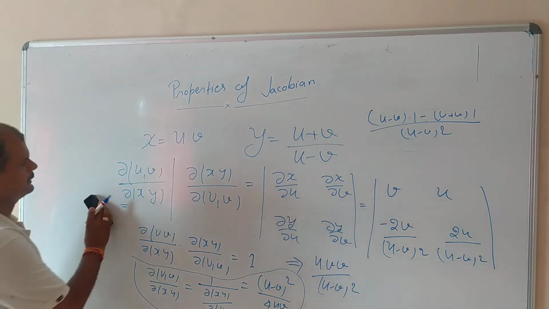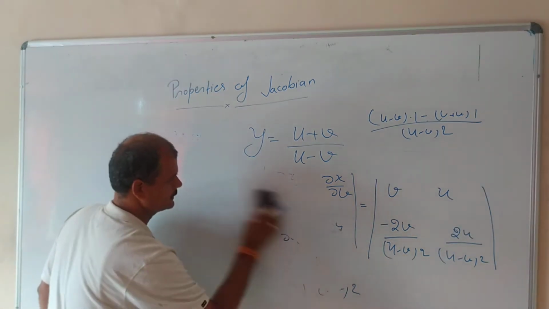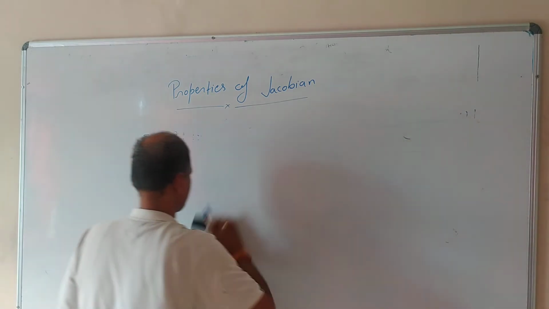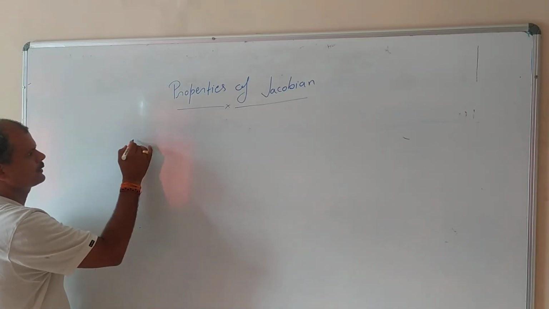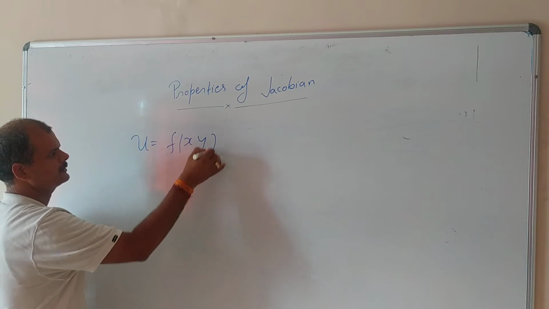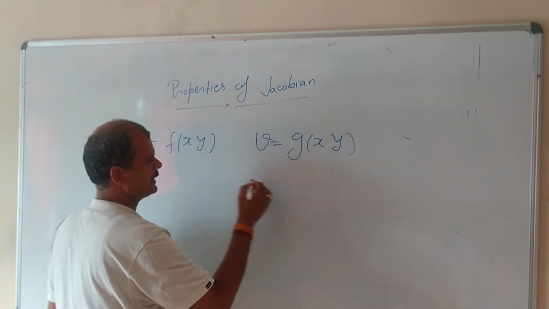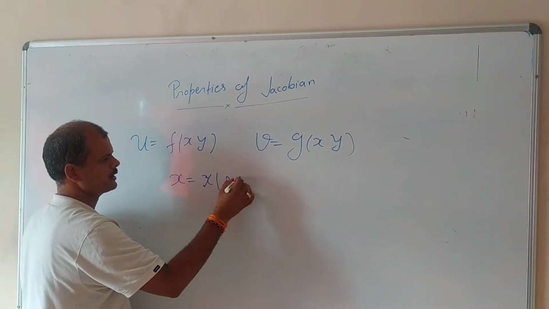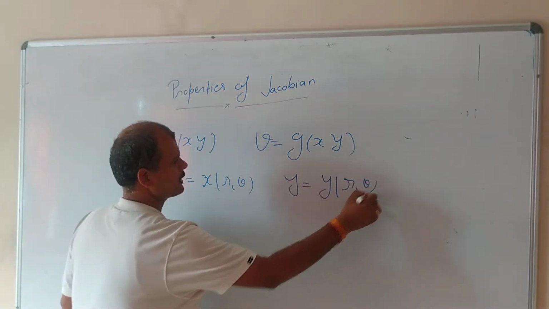Okay. Now we'll see the second property. Second property we have, if u is some function of x comma y and v is some function of x comma y, and x is a function of r comma theta, y is a function of r comma theta.